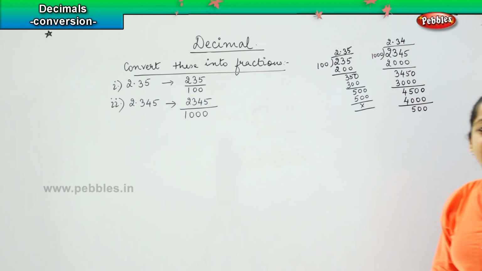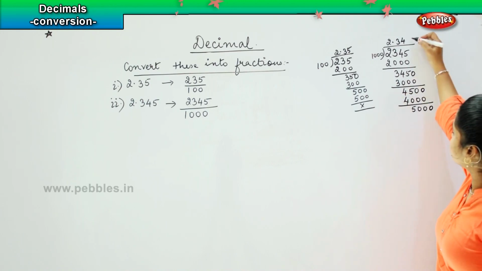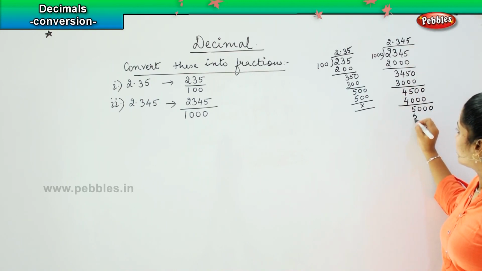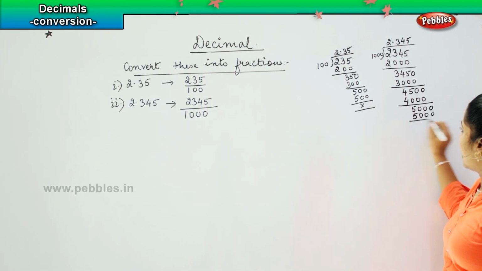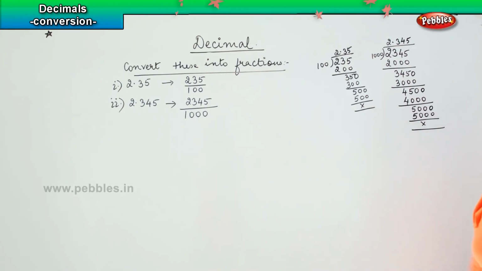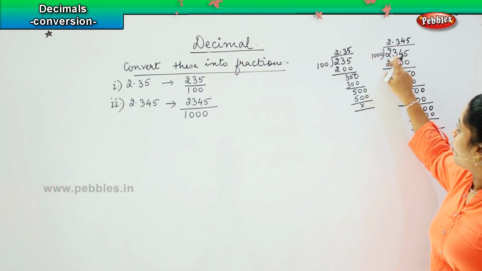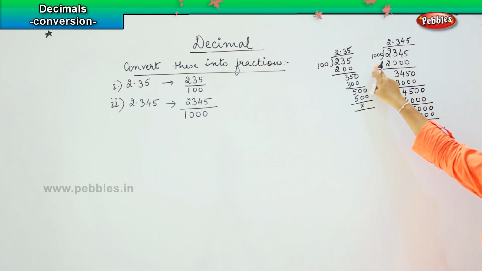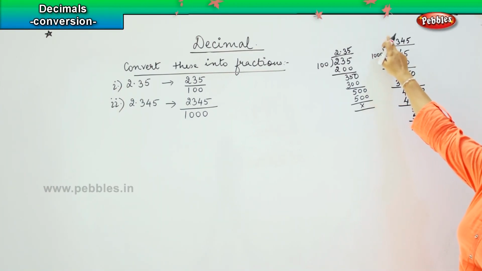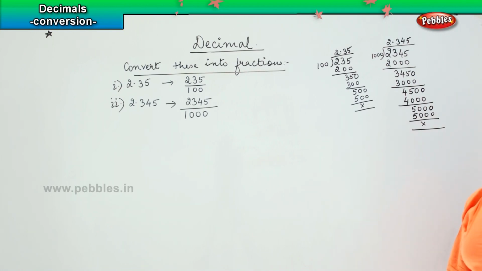Will 500 get divided by 1000? No. Again I add a 0. Now, yes, it gets divided 5 times. So this becomes 5000 and my remainder is 0. Okay. So 2345 divided by 1000, my answer should be 2.345. Okay.